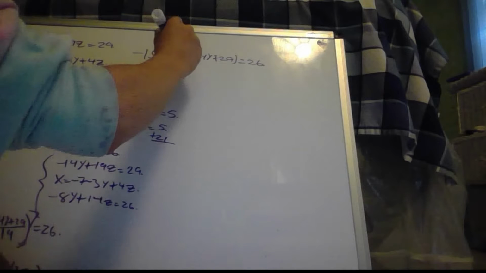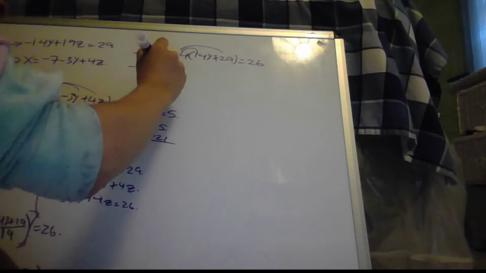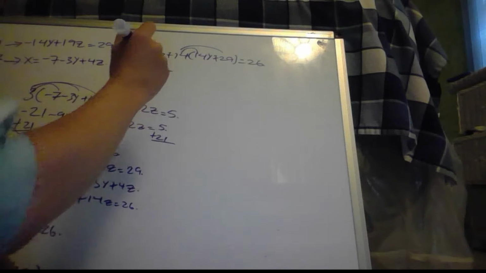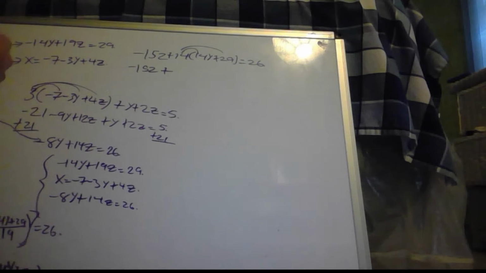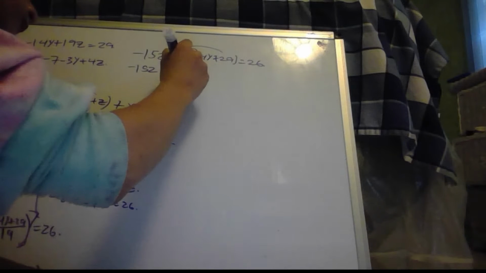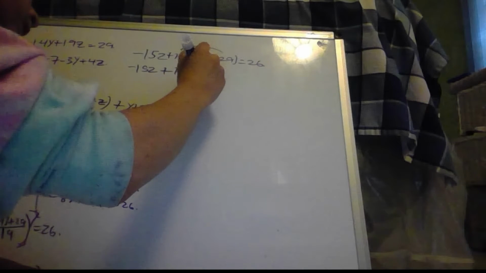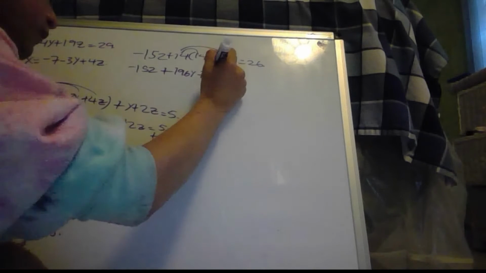We're going to do distributive property. 14 times 14 is 196, and then 14 times 29 is 406.